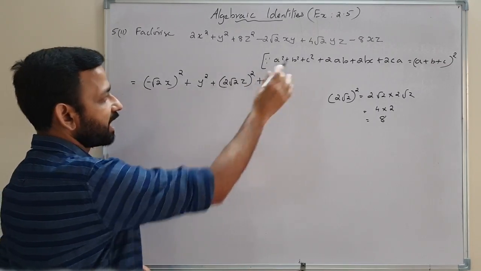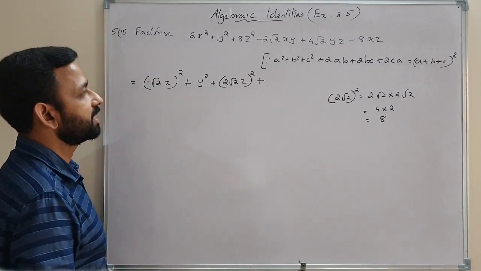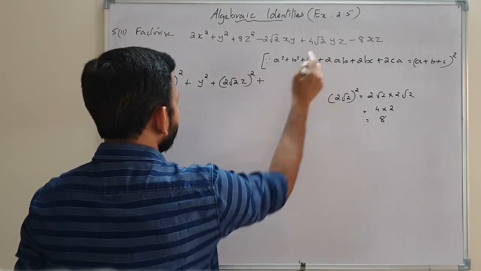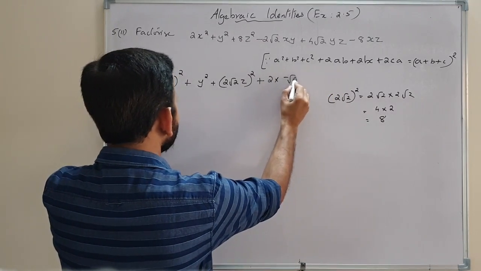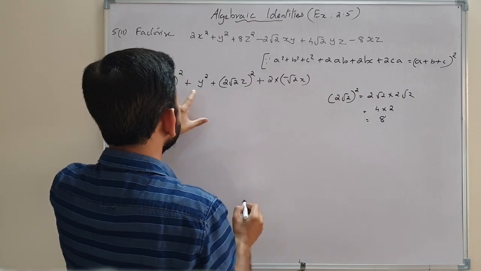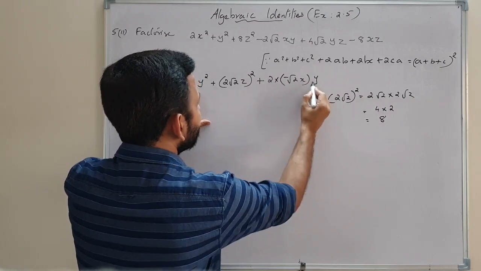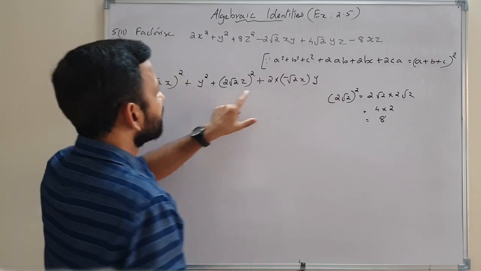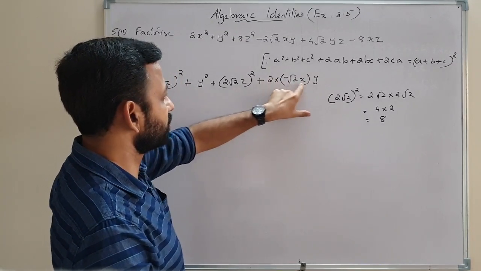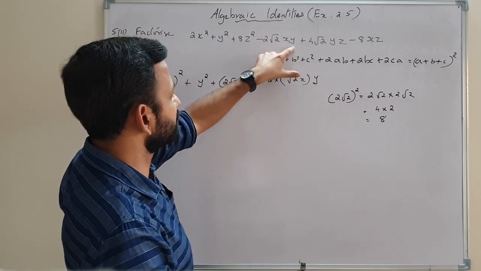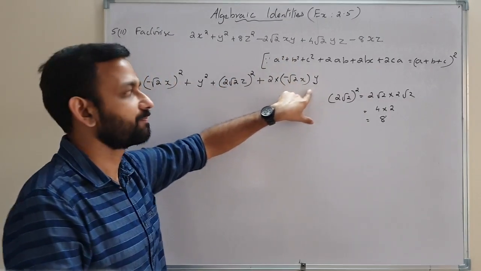Plus, in the identity we have plus 2ab, that is 2 into first term, minus root 2 x, into second term, y. Now we will verify: 2 into minus root 2 xy is minus 2 root 2 xy, we got the same expression.